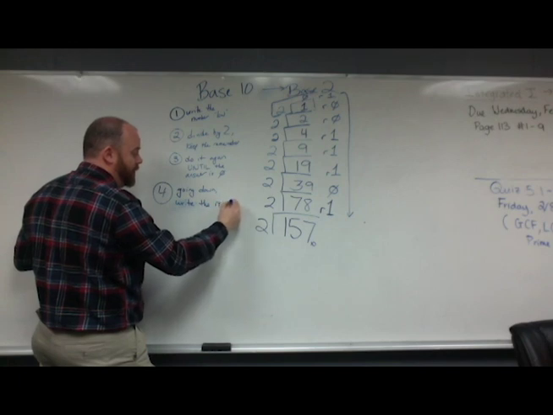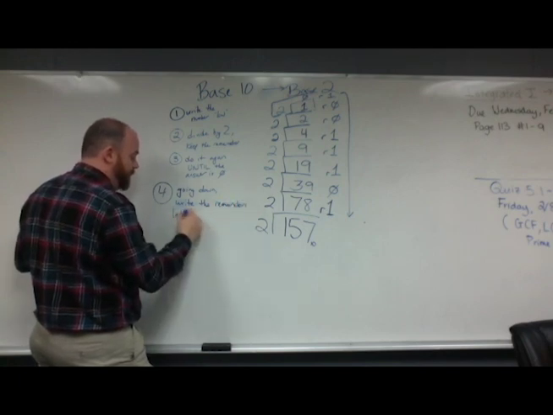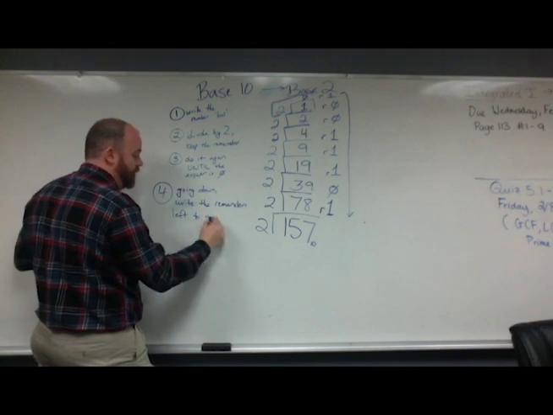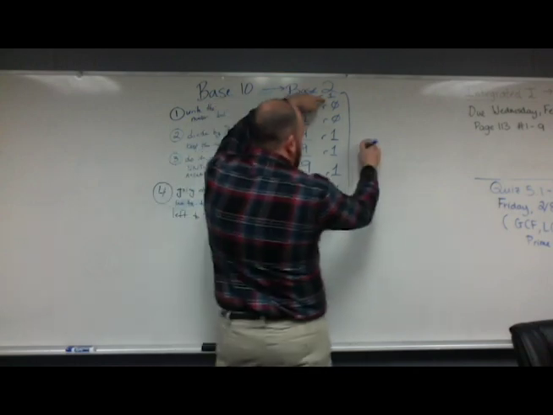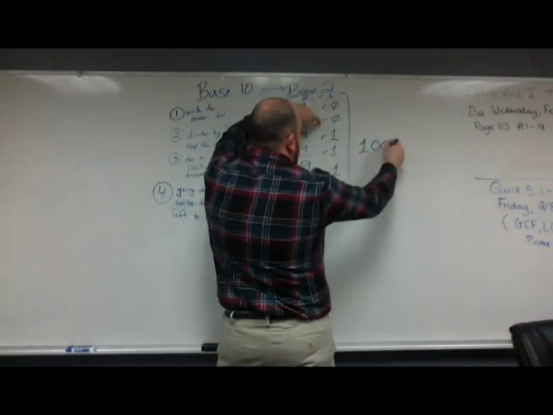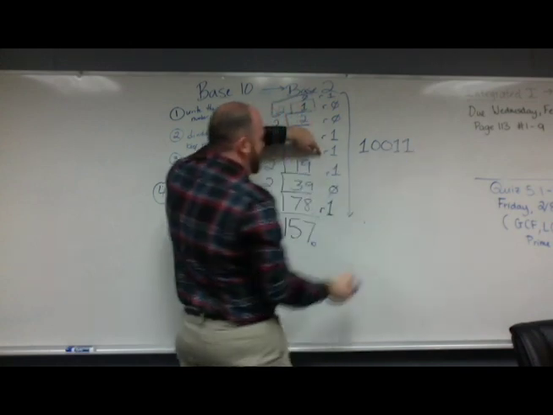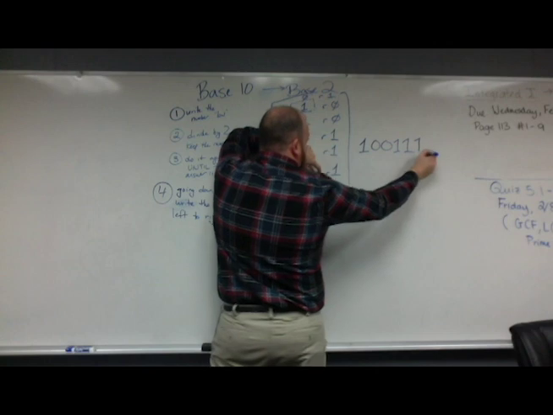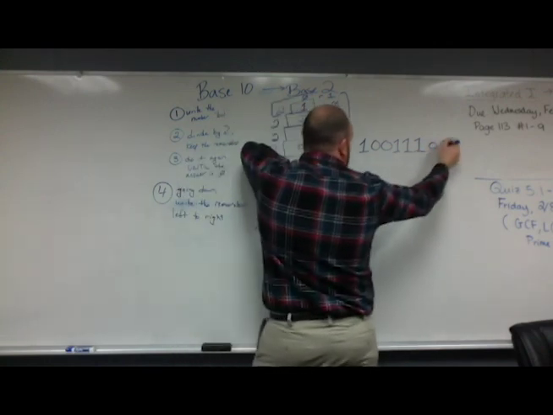I don't even know if you can really read this, but left to right. So in other words, take this number, write it over here. Take this number, write it here. This one, 1, you probably can't see, I'm blocking it. There's 3 1s in a row. Then I had a 0. Then I had a 1.